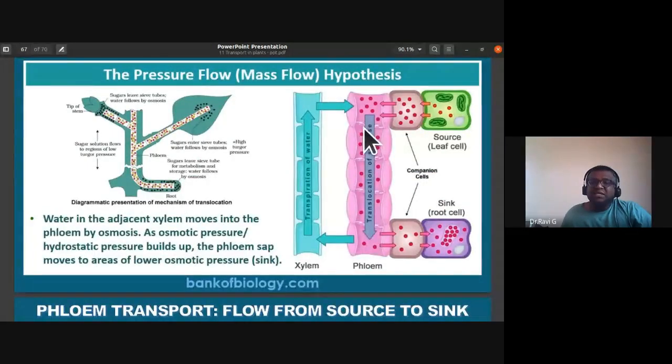So water in the adjacent xylem moves into the phloem by osmosis, building up osmotic pressure or hydrostatic pressure. This is positive hydrostatic pressure. It builds up, and the phloem sap moves to areas of lower osmotic pressure, the sink region, where the pressure is lesser.